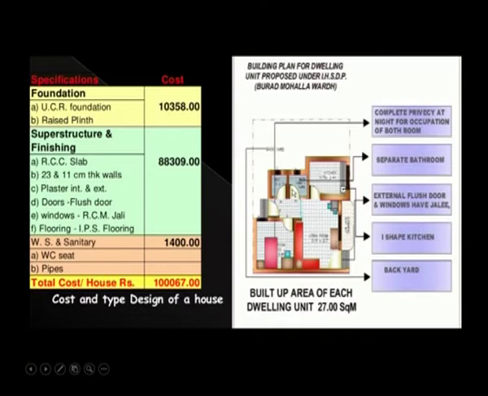This is done under the integrated housing and slum development program, where a small backyard is given for every house, and this works out to be to the cost of 1 lakh and 67 rupees. So, this 1 lakh objective has been achieved, but still it cannot be mass housed, or it cannot be a customized unit which could be replicated in different parts of different urban conditions.